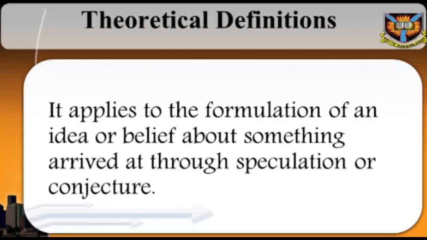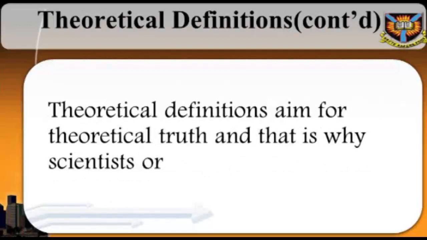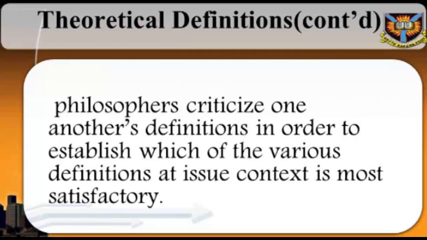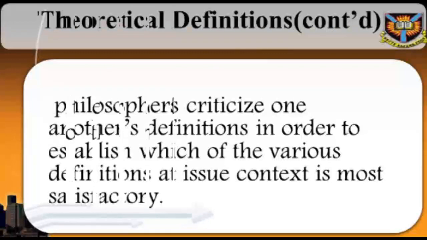Copy et al. 2006, page 442. Theoretical definitions aim for theoretical truth, and that is why scientists or philosophers criticize one another's definitions in order to establish which of the various definitions at issue is most satisfactory.